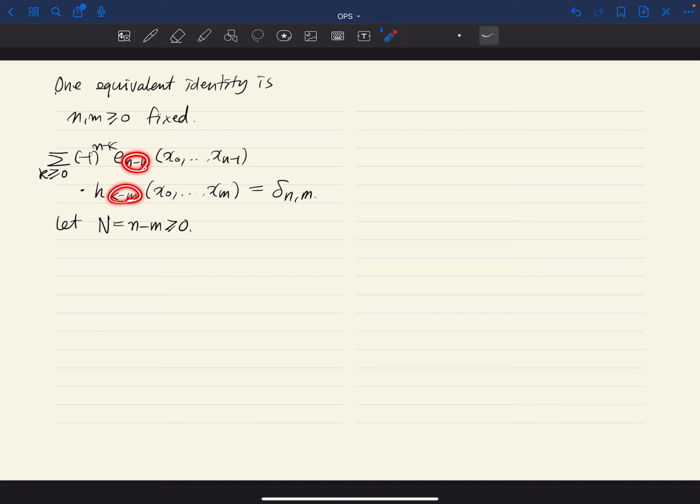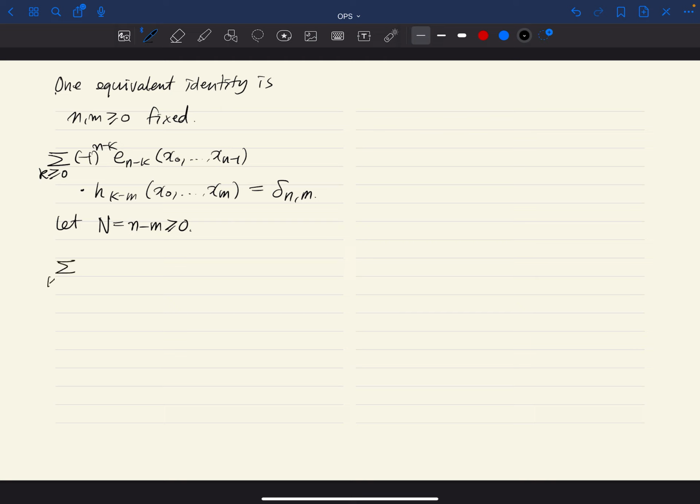In order for this to be non-zero, n must be greater than or equal to k, so k is greater than or equal to m, so we only need to consider this case, otherwise it's going to be 0. So now let's rewrite this equation.